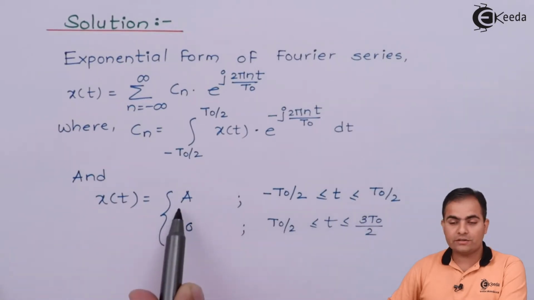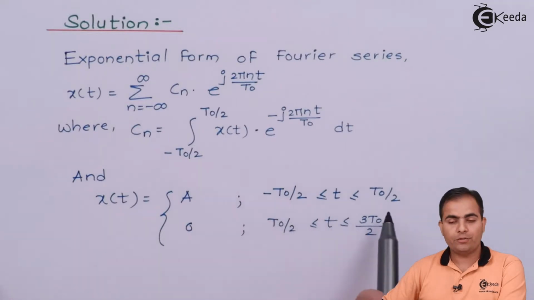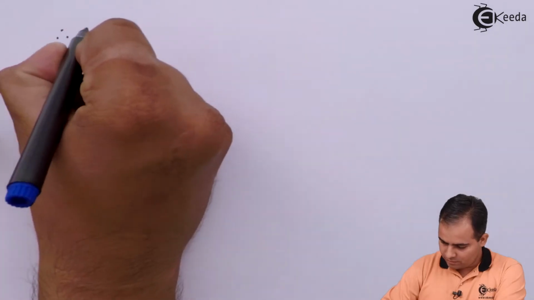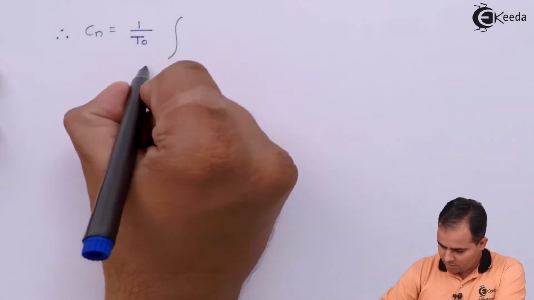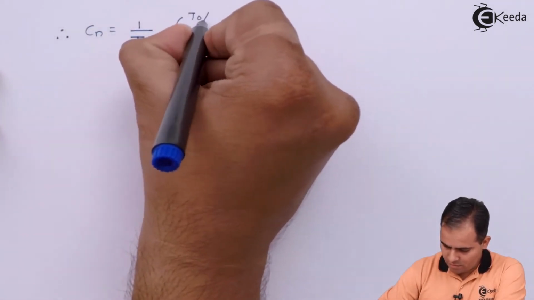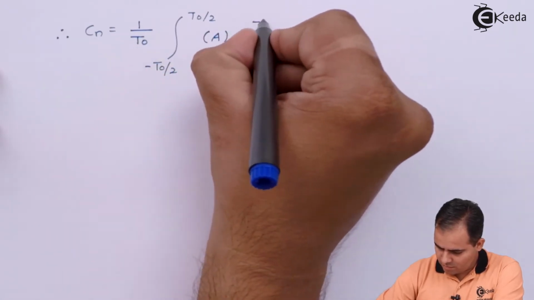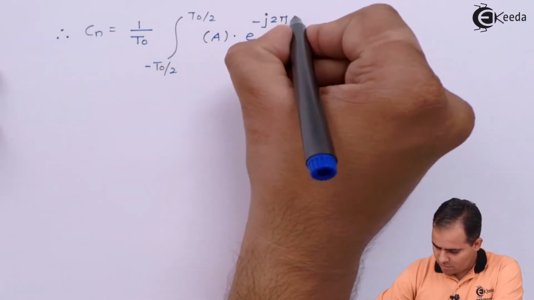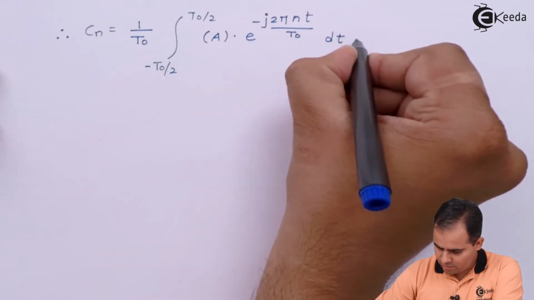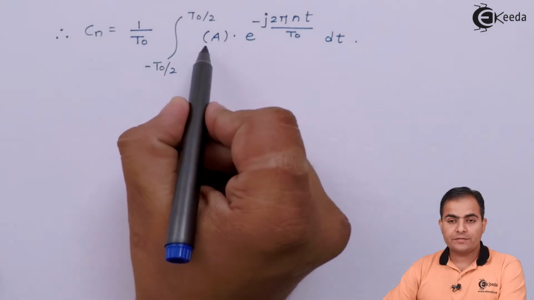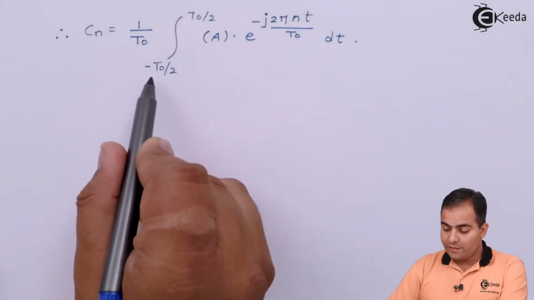That is, I'll substitute x of t as a and my integration limit is from minus t naught by 2 to t naught by 2.